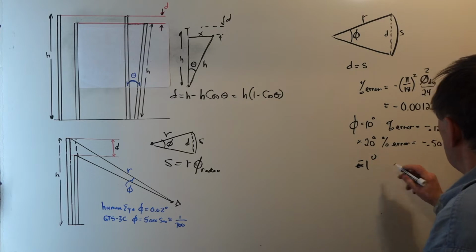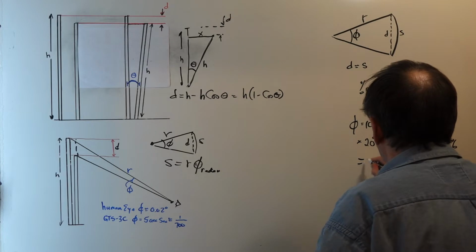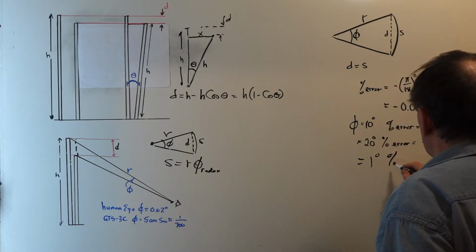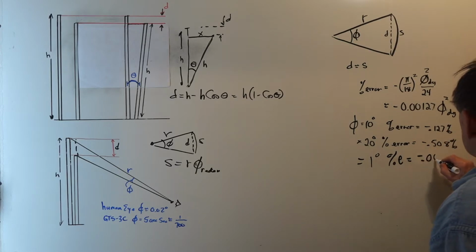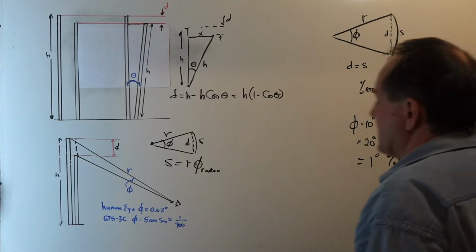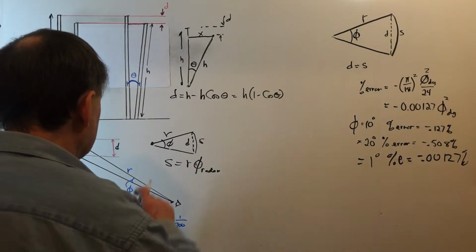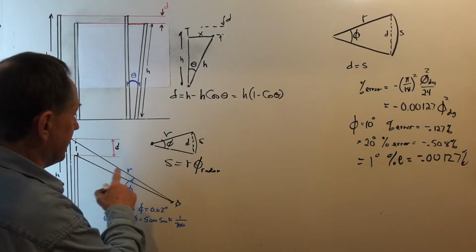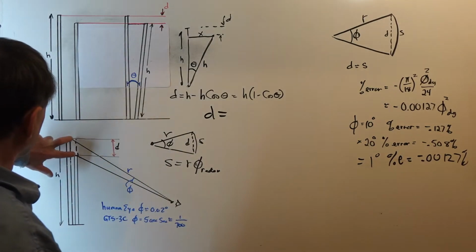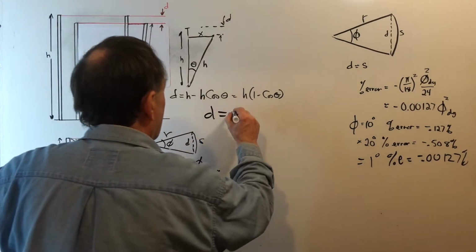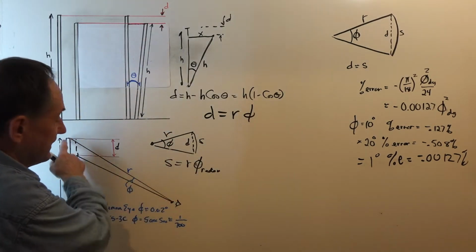So if we talk 1 degree, then the percent error is going to be on the order of 0.00127%. Negligible, not worth worrying about. So we can then, for all practical purposes, say that d, this difference in perceived height, is just r times the perceived angular measure difference between the heights of the pole.